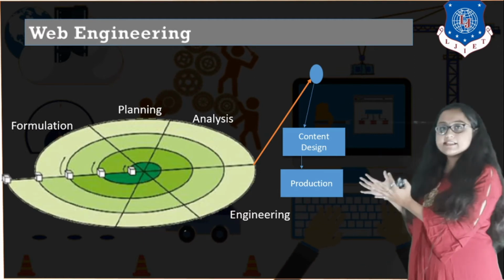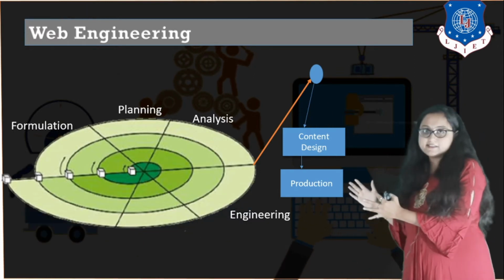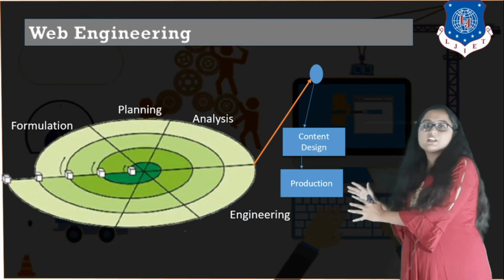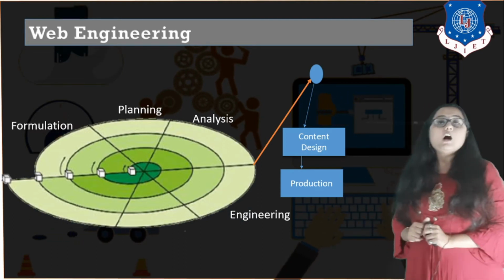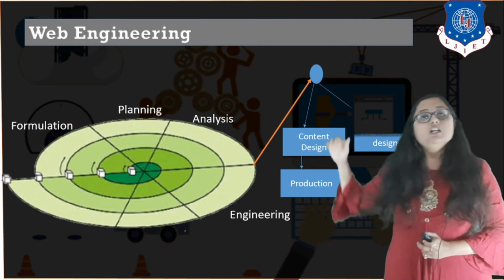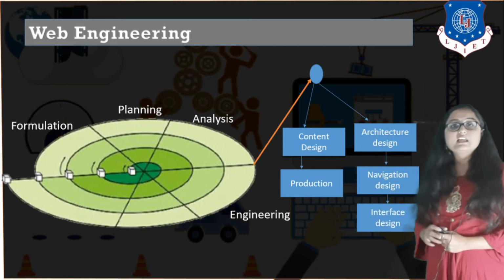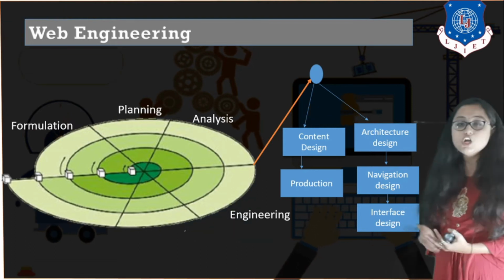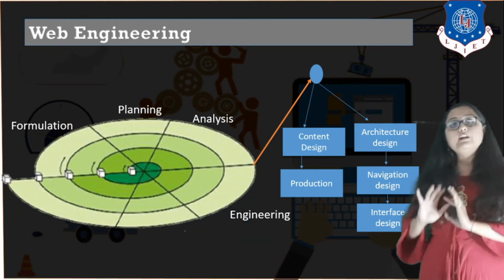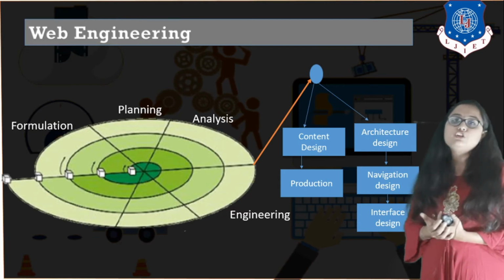All of this is handled by the non-technical staff, and that is one of the activities applied in the engineering phase. The next parallel activity that is performed by the technical staff is the actual designing. You need to develop an overall architecture for your web application.